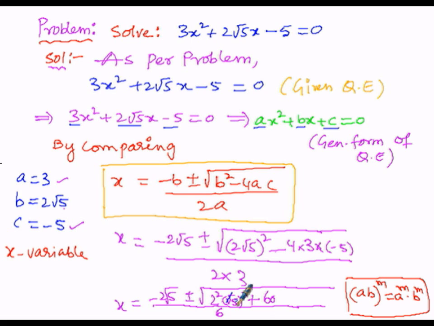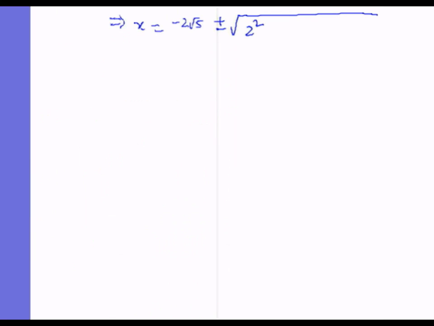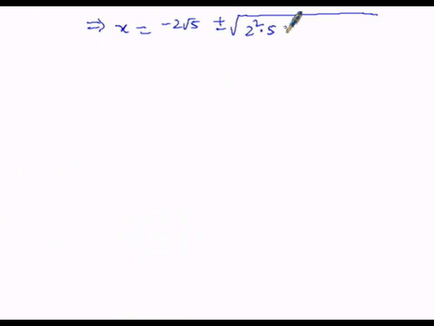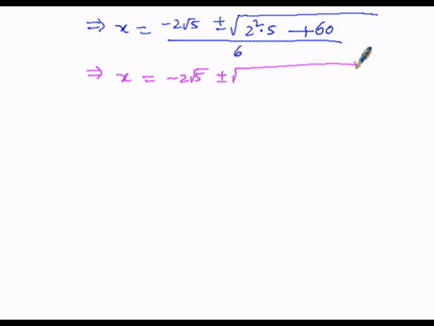So, that implies x equals to minus 2 root 5 plus or minus under root 2 square is 4 into 5 plus 60 as it is overall divided by 6 again.